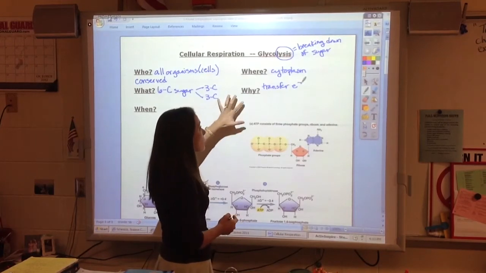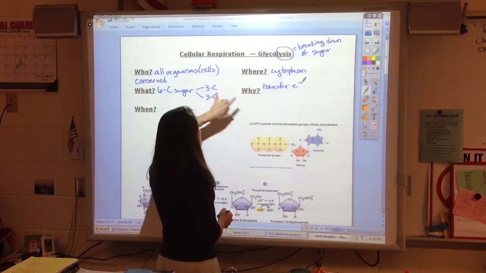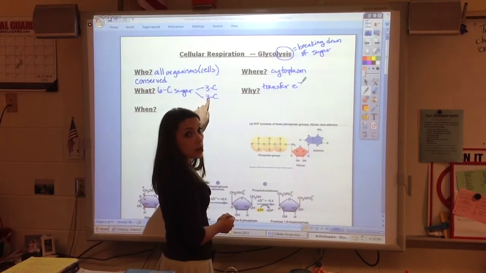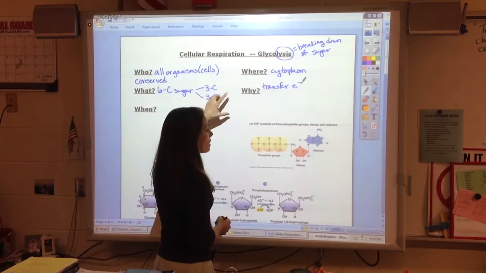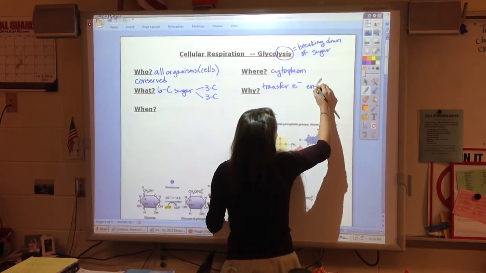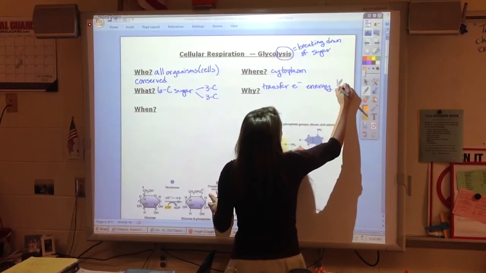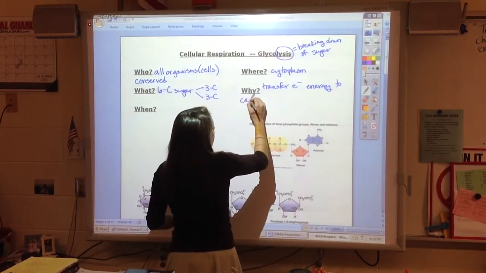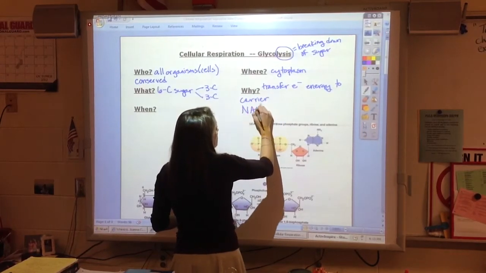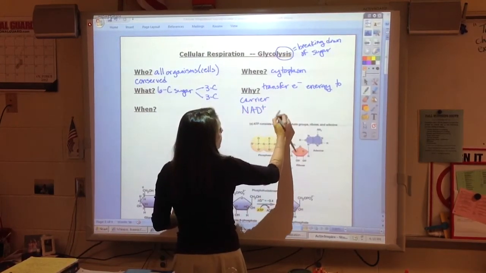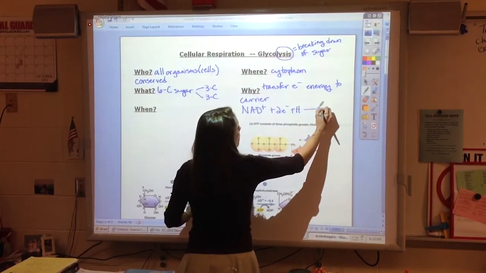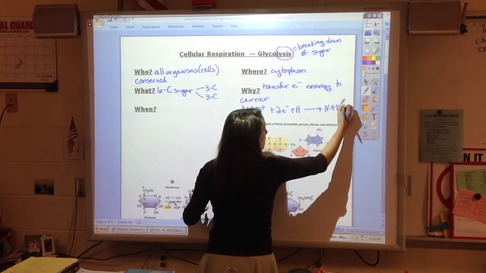So the main idea of the why is that as we slowly break down this carbon compound, we're going to be able to transfer some of the electrons' energy. And we're going to transfer them to a carrier. So for example, NAD+ is going to combine with 2 electrons, 1 hydrogen ion, and become NADH.